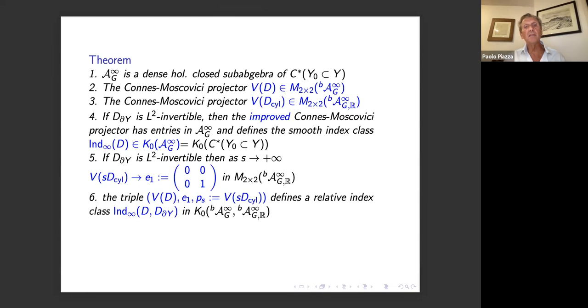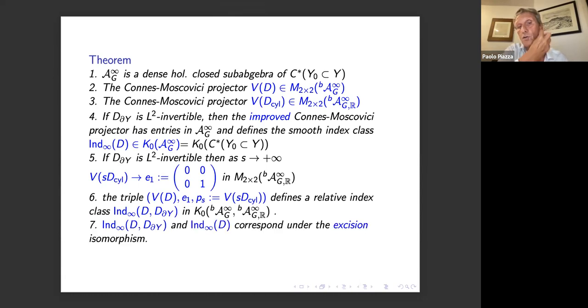Now, that means that this triple, the Kohn-Moscovici projector, E1, and this path of projectors in the cylinder, they define a relative index class. And the important point is that these two index classes correspond under excision. This is a very important point.